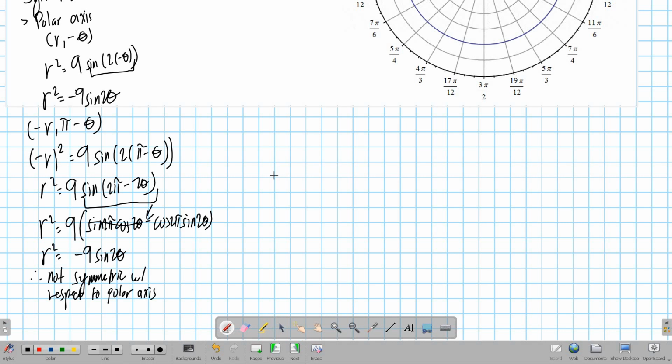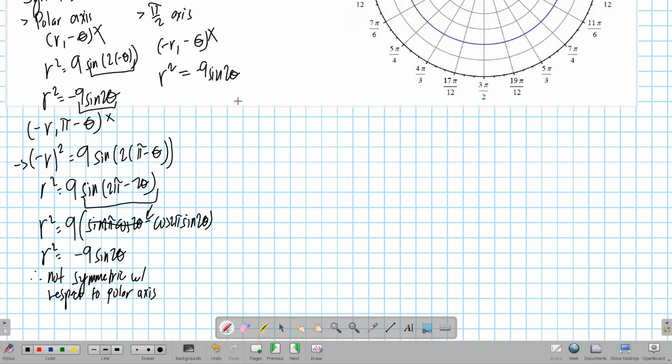There you go. With respect to the pi over 2 axis, we first check with negative r, negative theta. We already know what's the result with negative theta, that's negative 9 sine 2 theta. We also know the result with negative r, that's simply r squared, so it doesn't work here.